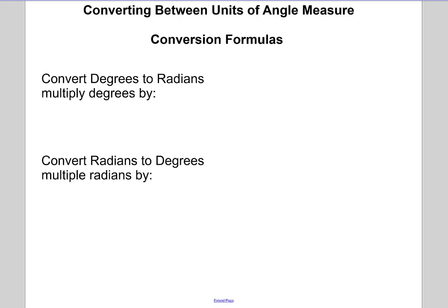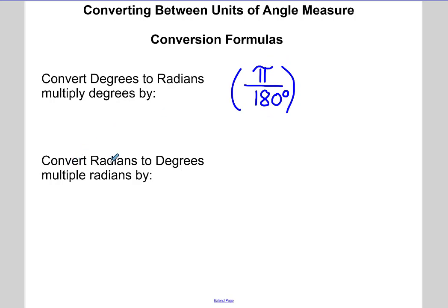When we want to convert between angle measurements, from degrees to radians, you would want to multiply by pi and divide by 180. So we would multiply all of our degrees by the fraction, or the relationship, that pi is the same thing as 180. These are equal to each other. So we can use that as a multiplier.